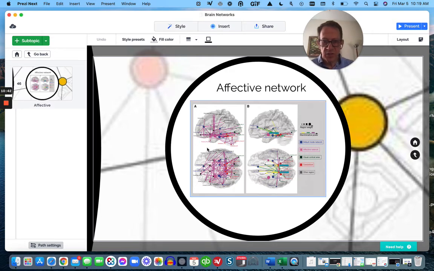So you can see largely they occur from the frontal to temporal and limbic regions, even posterior temporal locations, and more on the left side than the right, although there are some connections to the right side. So that's very important for people with emotional control challenges, especially depression or negative mood states like depression or anger.